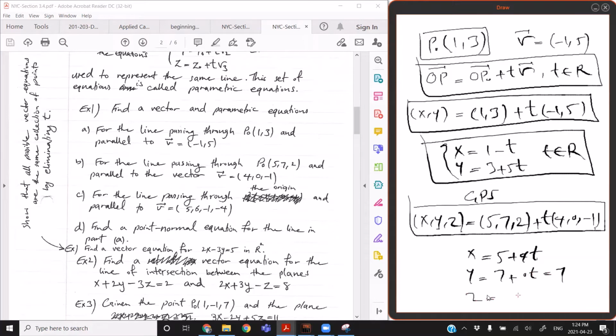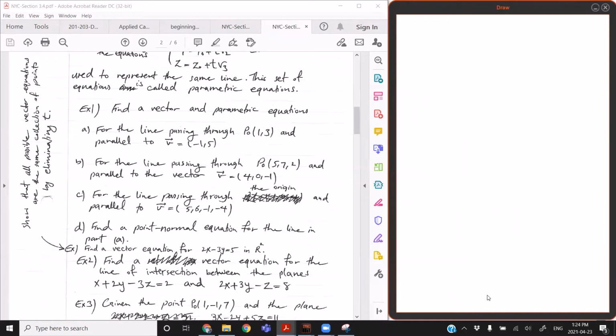And z is equal to minus t, where t is a real number, a parameter. So this would be the set of parametric equations for the same line. Is that clear?